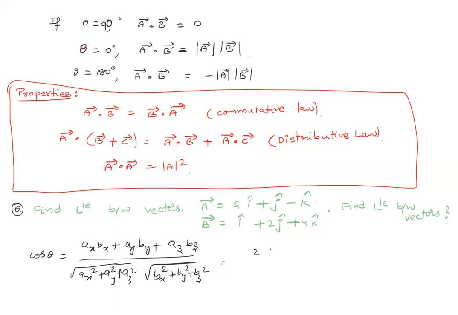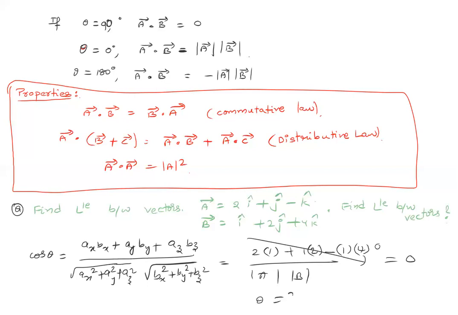In the numerator it is 2 times 1 plus 1 times 2 minus 1 times 4, divided by mod a mod b. But your numerator is becoming 0, so that implies theta is 90 degrees. So the angle between the vectors is 90 degrees. This is how you calculate the angle between the vectors.